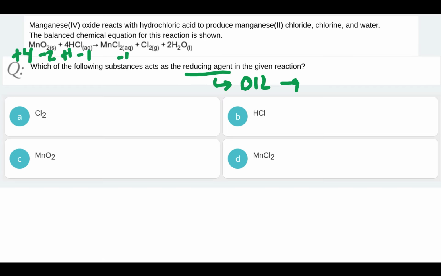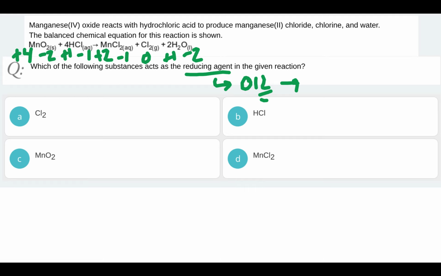On this side, -1, Mn would be +2, with chlorine being 0 by itself, and then this last one, -2 and +1.